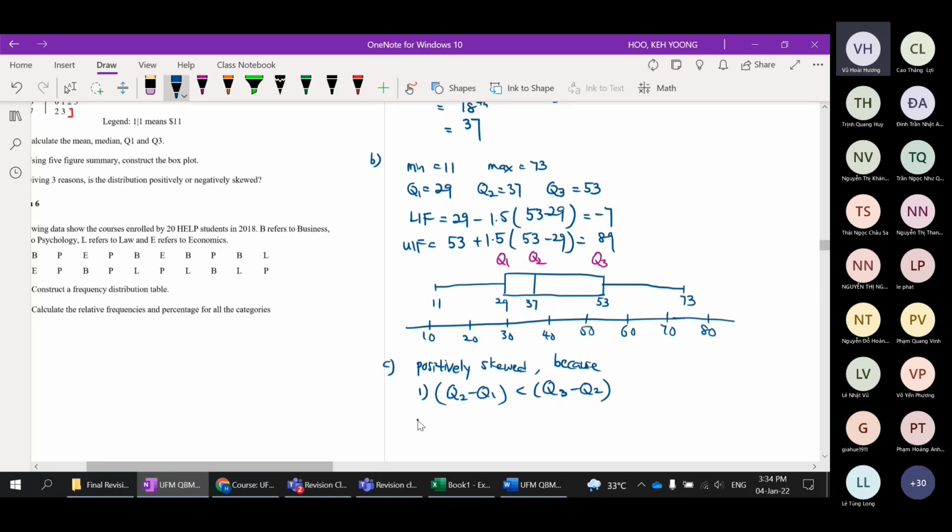And if you look at the whiskers, the length of the left whisker, you take 29 minus 11, you get 18. And the right whisker is actually slightly longer than that. So here you would say the right whisker is longer than the left whisker.